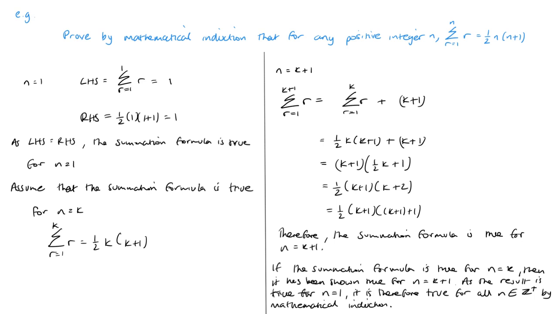So if the summation formula is true for n equals k, then it's been shown true for n equals k plus 1. As the result is true for n equals 1, it is therefore true for all positive n by mathematical induction. So you're basically saying that you've shown it's true for n equals 1.